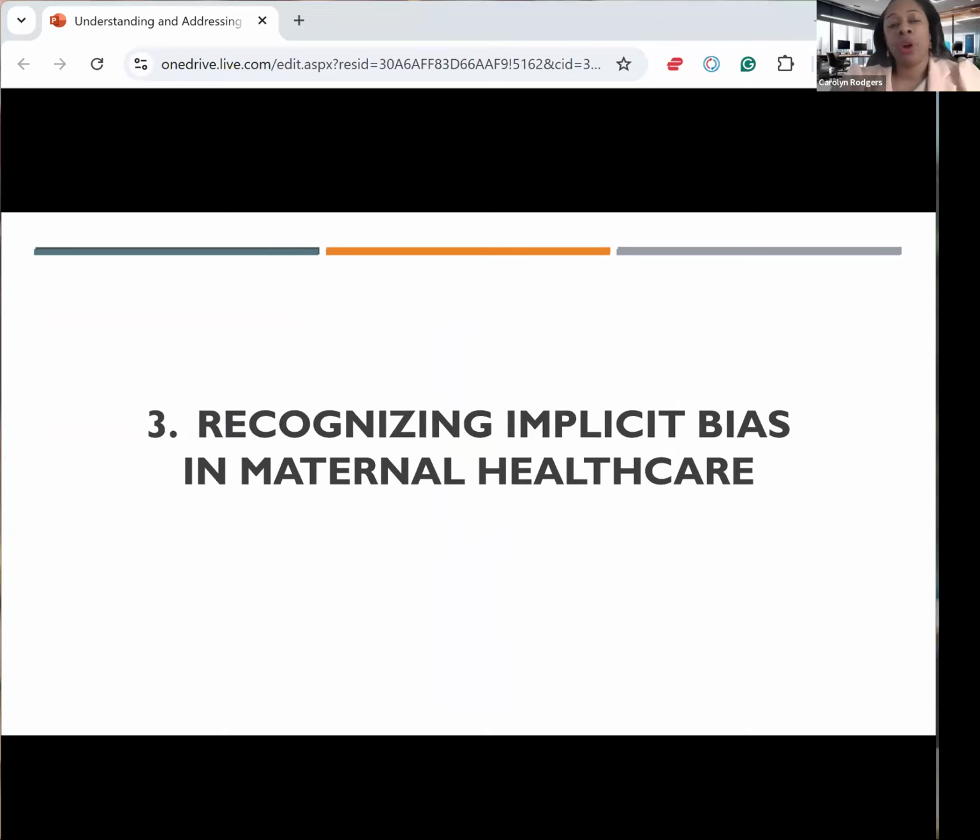So the next thing I want to talk about is recognizing implicit bias in maternal health care. There are certain patterns of unequal treatment that we need to be aware of. If certain groups are consistently receiving less attention, fewer resources, or different recommendations, then that right there is the first red flag. The second one is to review patient feedback.